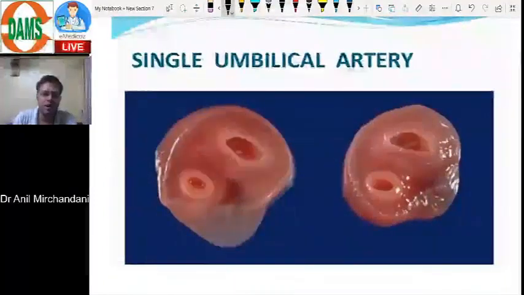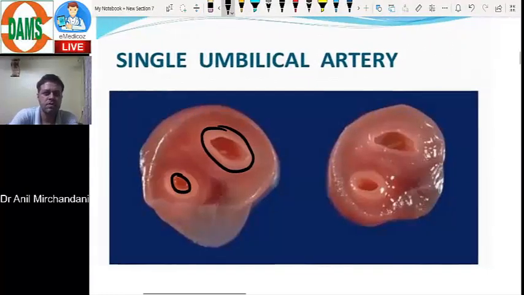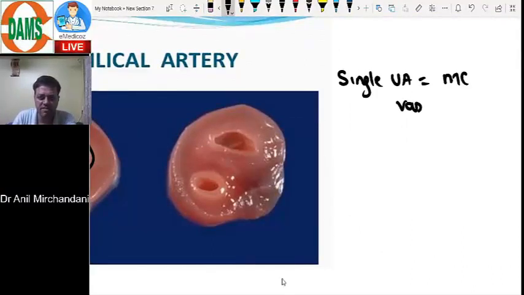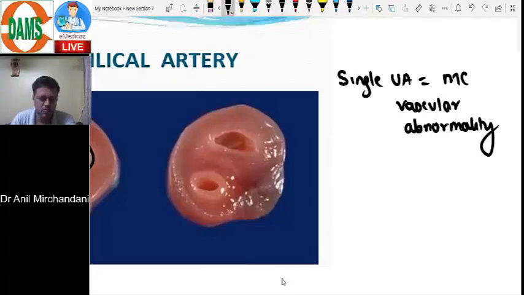There is an artery and a vein, and 1 artery is missing. Single umbilical artery is the most common vascular abnormality in fetus. Guys, it is the most common vascular abnormality.